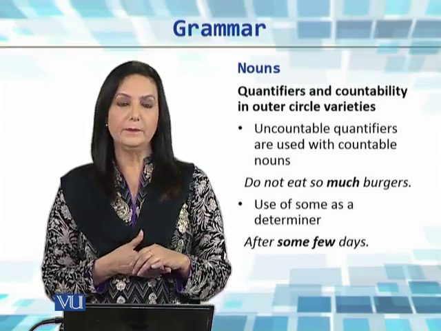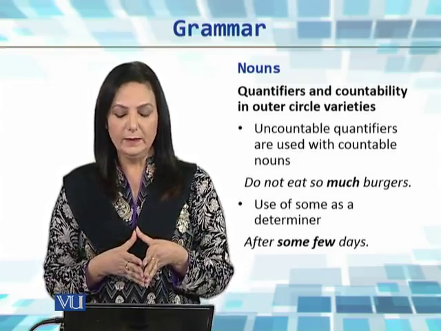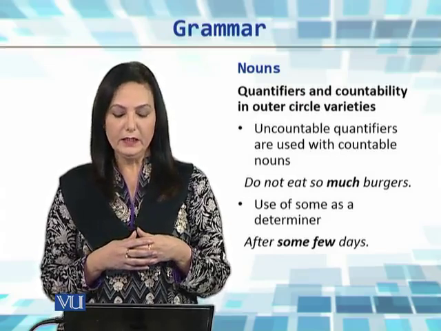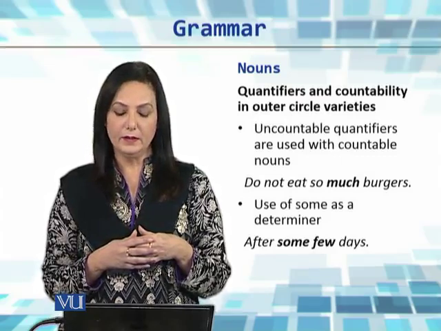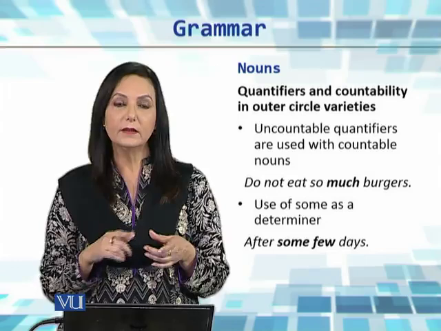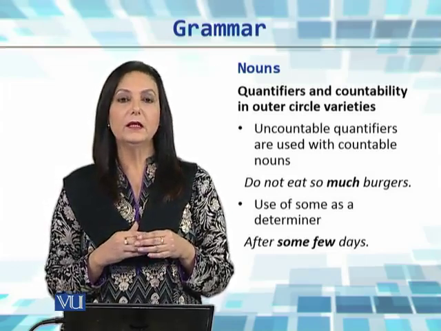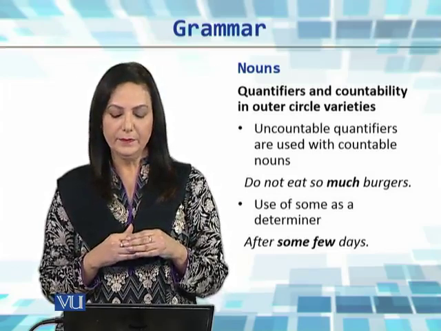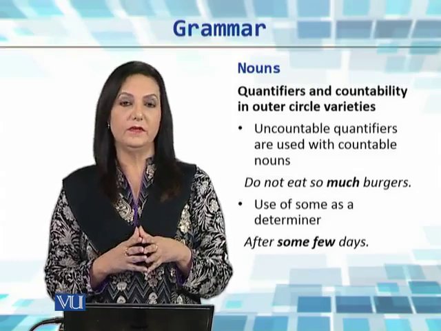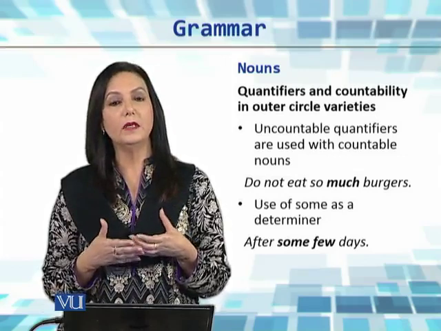So another variation that we see in the use of nouns in the outer circle varieties is the use of uncountable quantifiers with countable nouns. For example, much is a quantifier we use with uncountable nouns.